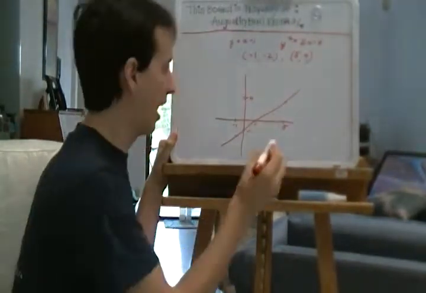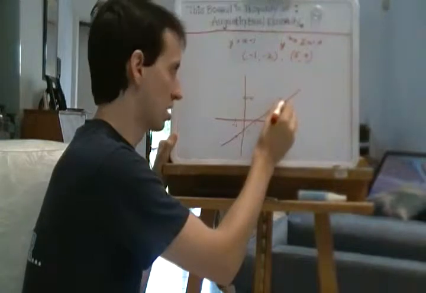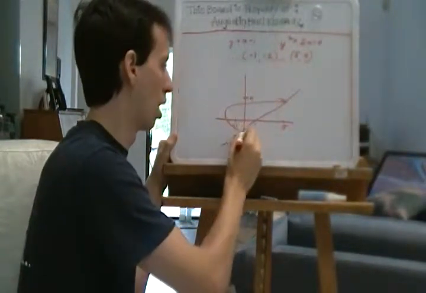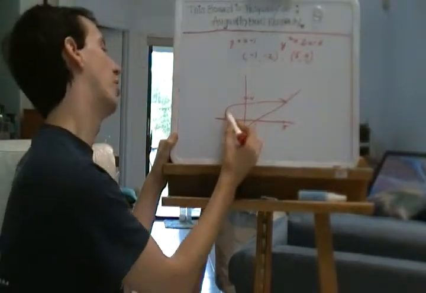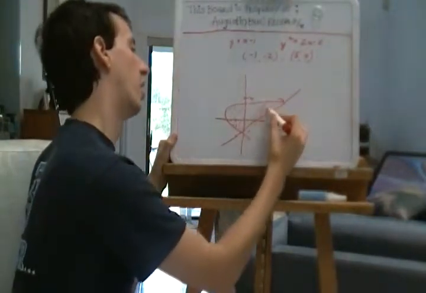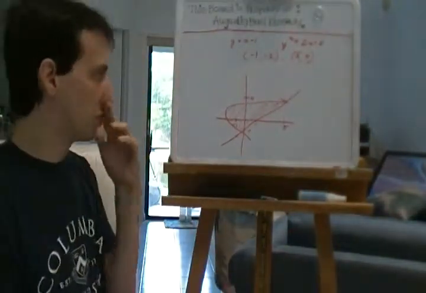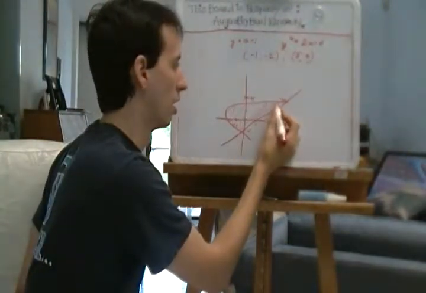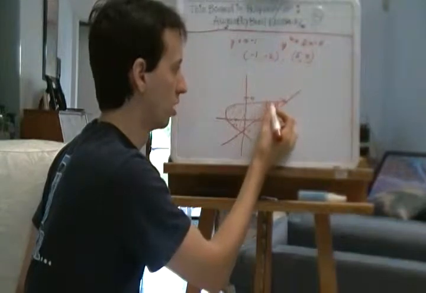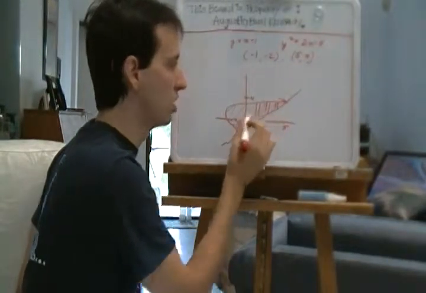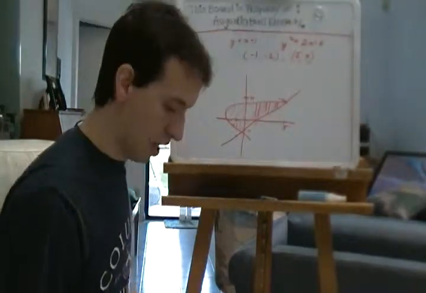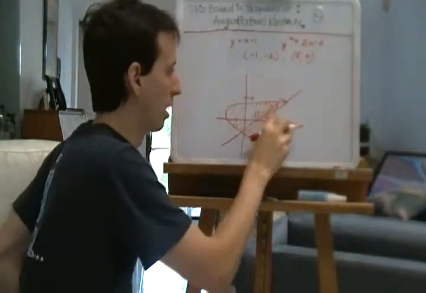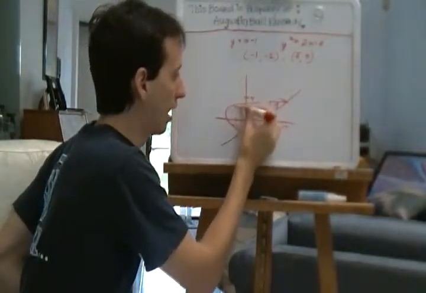So what we're going to be looking at here is this kind of parabola type thing, and we're going to be figuring out this area in here. Well, the problem is that it's not going to be easy for us to make rectangles and solve these equations for those rectangles. Instead, what we're going to want to do is take horizontal rectangles.